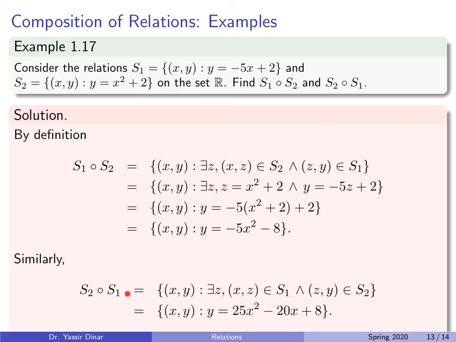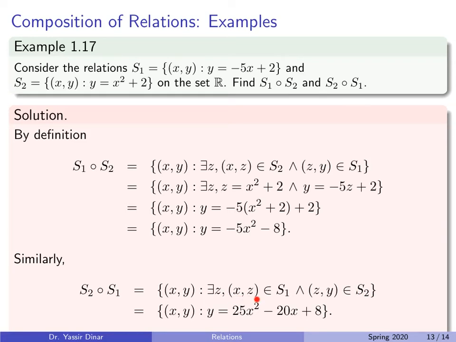Similarly, if I want to find the composition of S1 and S2, that means I want to find S2 circle S1, and by definition it's all the pairs x, y, such that you can find z, where (x, z) is in S1 and (z, y) is in the relation S2.